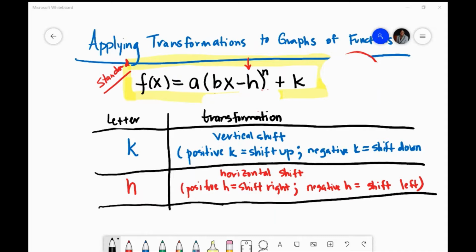Okay, so you said positive H shift right? Yeah, so if I plug in 3, it will still be minus. If H was positive 3, if I plugged the 3 into this equation, you still would be minus 3, wouldn't it? Miss, I think we're confused on what you wrote.